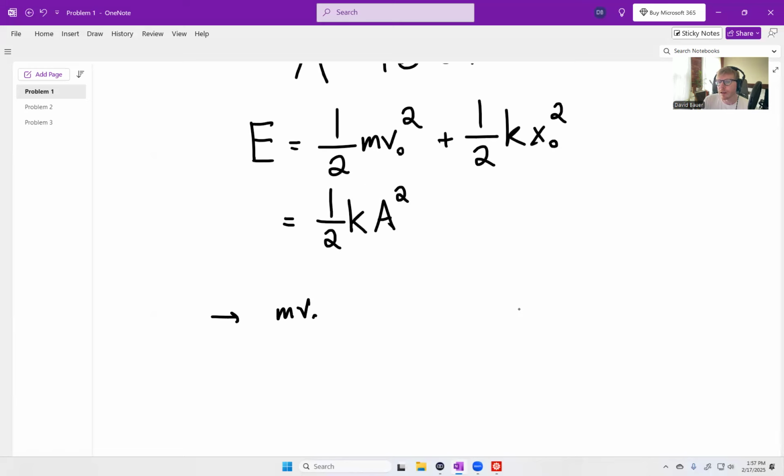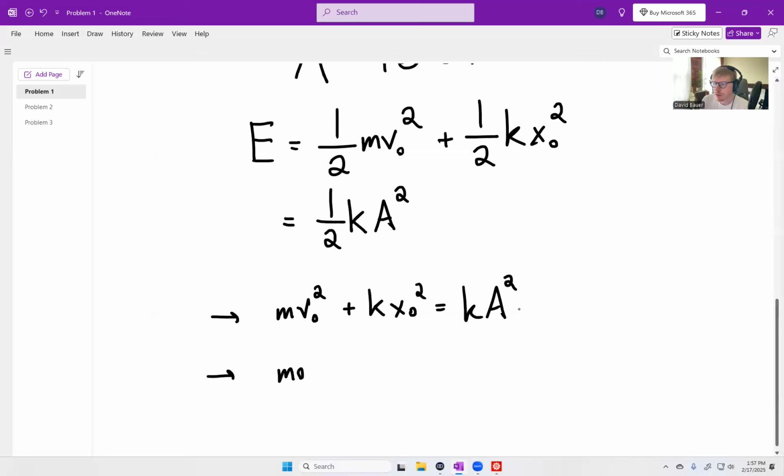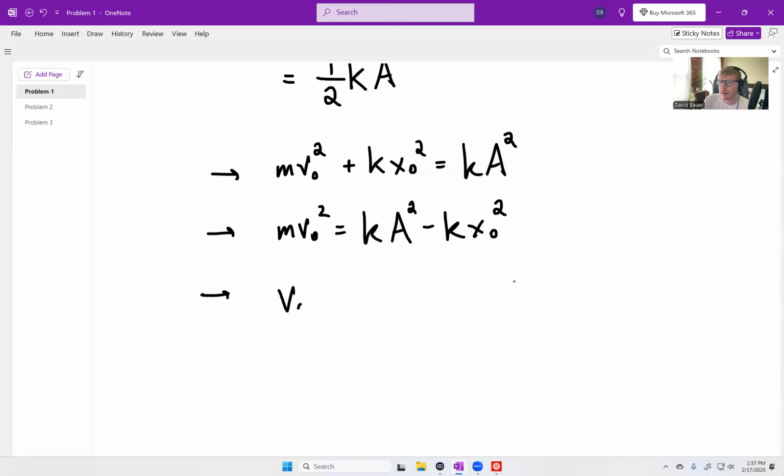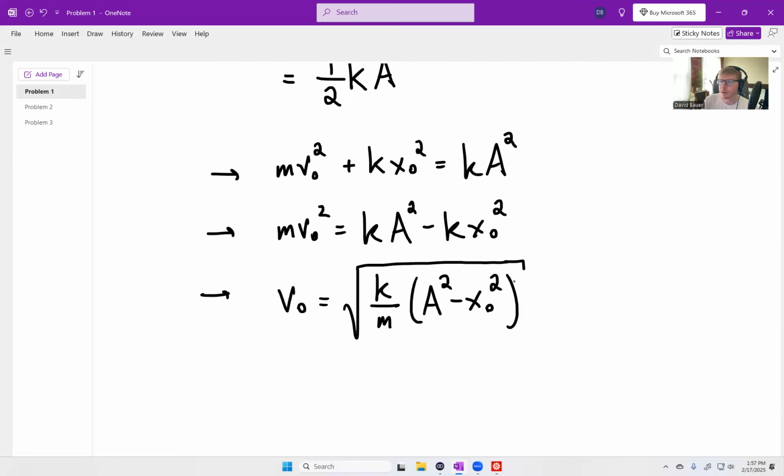Right? I just want to take this equation and rearrange it. So I'm going to multiply the whole thing by 2, then subtract x naught squared over to the other side, and then v naught is just going to be the square root of k over m times A squared minus x naught squared.